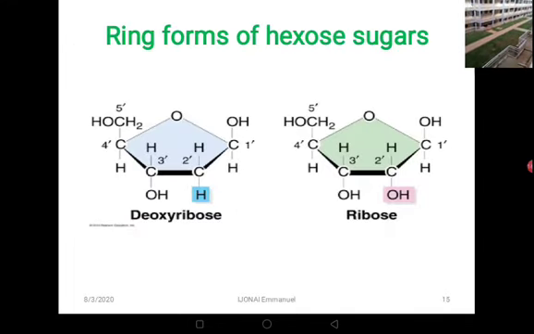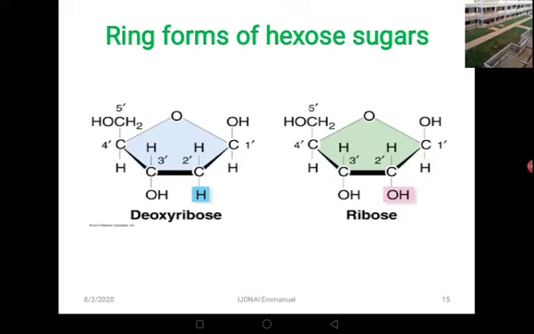And then the ring form is that they form rings. So you can see from there the deoxyribose and then the ribose sugars. The green one is the ribose pentose sugar, and the blue one is the deoxyribose pentose sugar. I want us to differentiate between ribose and deoxyribose.